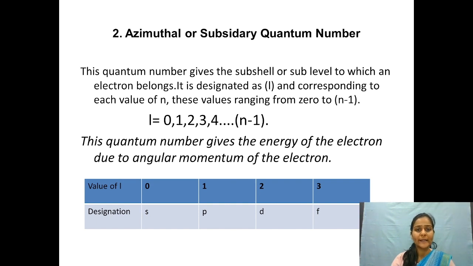For l equal to 0, the subshell will be s, when l is equal to 1, the subshell will be p, when the value of l is equal to 2, the designation will be small d, and similarly when the value of l is 3, the designation of the subshell will be small f. These subshells or sublevels must be written in small letters s, p, d, and f, respectively for l equal to 0, 1, 2, 3, and so on.